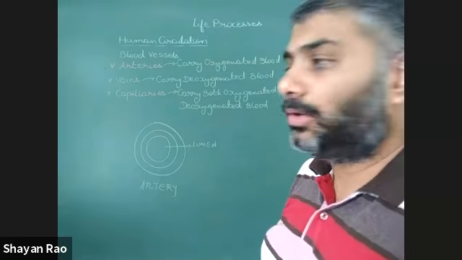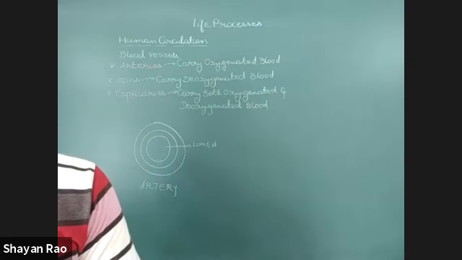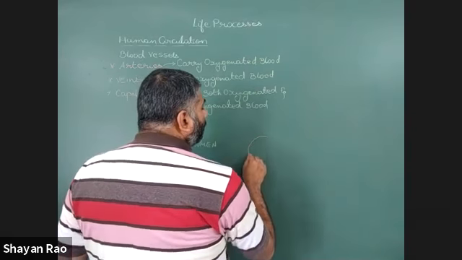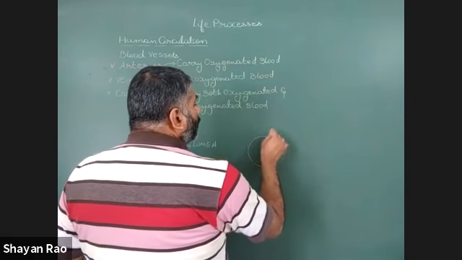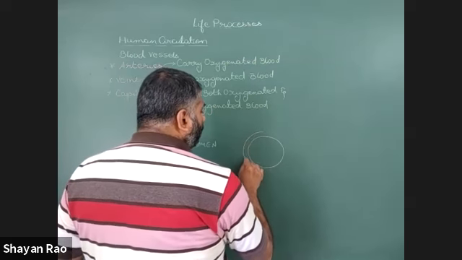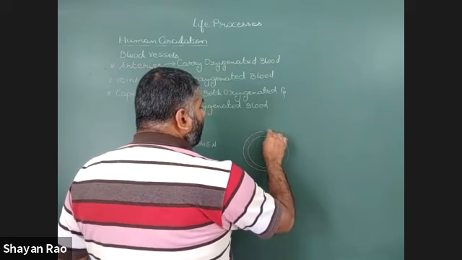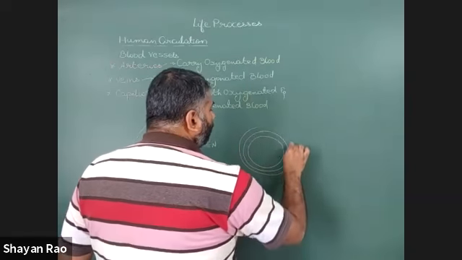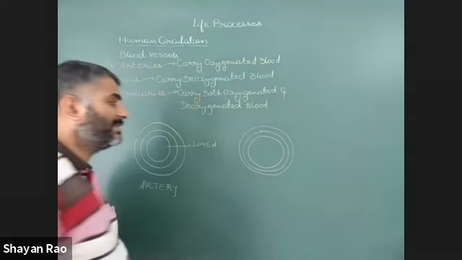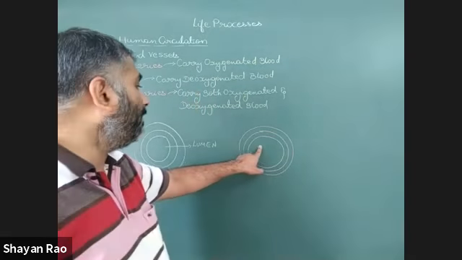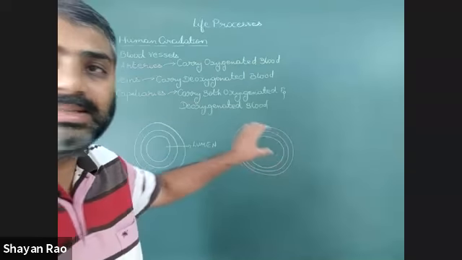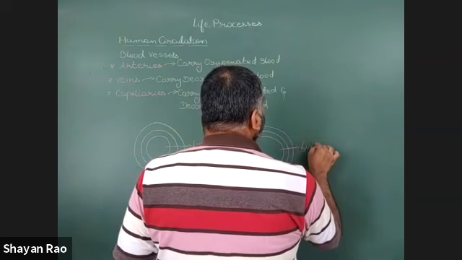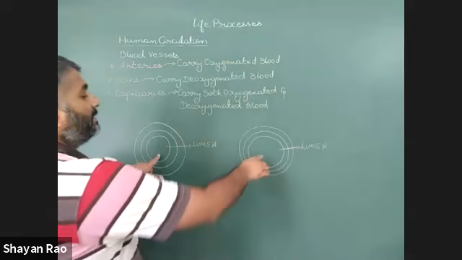Understood, everybody? Okay. Now when I take the example of a vein, it is quite opposite to that. A vein is also made up of three layers of walls, but here the layers of walls are thin, and you see again a space through which the blood is moving. This space is also called the lumen. See the difference here?